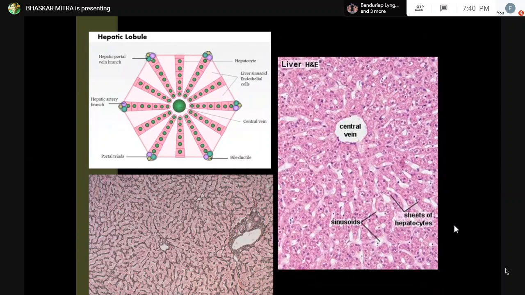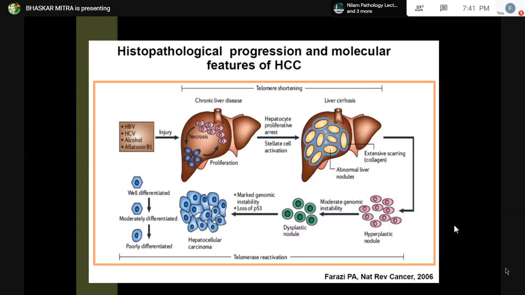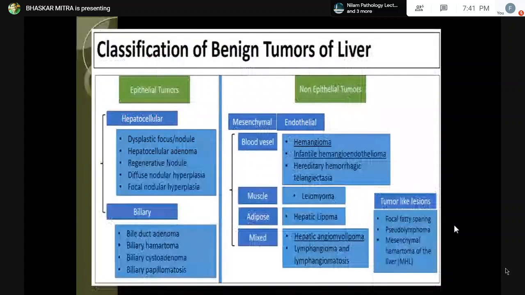As such, no other epithelial cells are there. Now in the mesenchymal component, what are we seeing? We are seeing blood vessels, fibrous tissues, sometimes fats, sometimes other different connective tissue materials. So my approach will be like this.